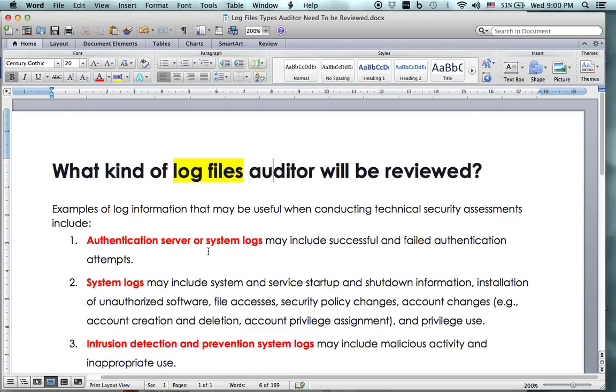So the auditor will extract the authentication server log to identify potential failed authentication attempts to log in from the unmanageable session management. So this area the auditor treats as significant.